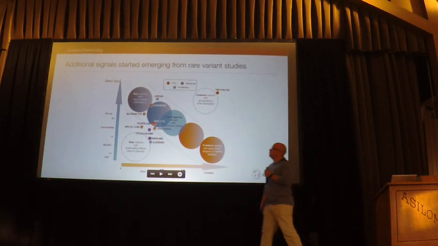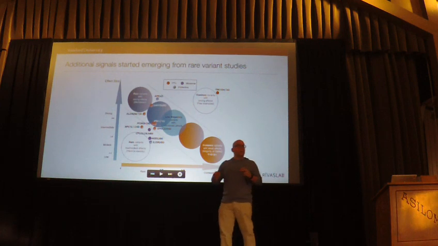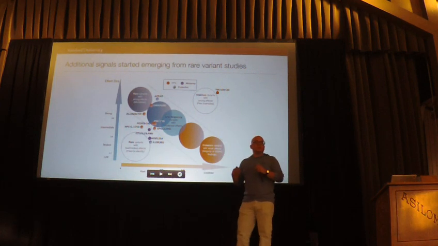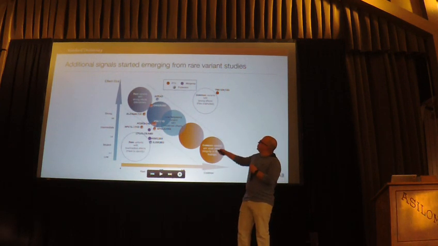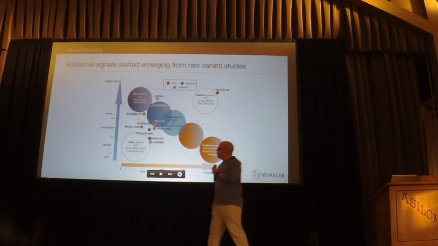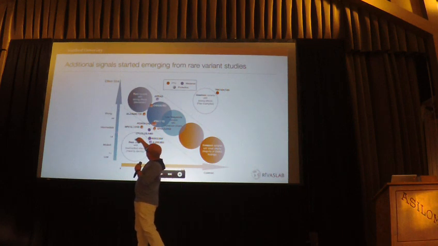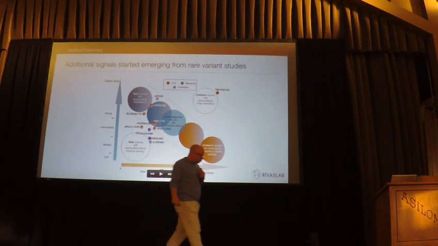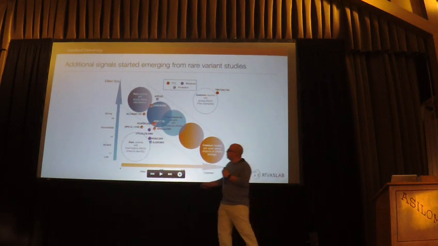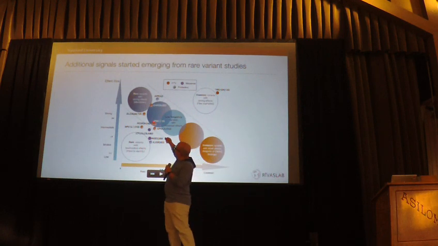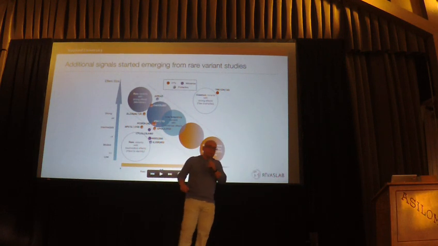However, there's good news in that now as we're moving into these large-scale sequencing studies, we're starting to see signals emerging from these variant association studies that are now with stronger effect sizes. In fact, some of them are starting to show effects consistent with protection to disease.